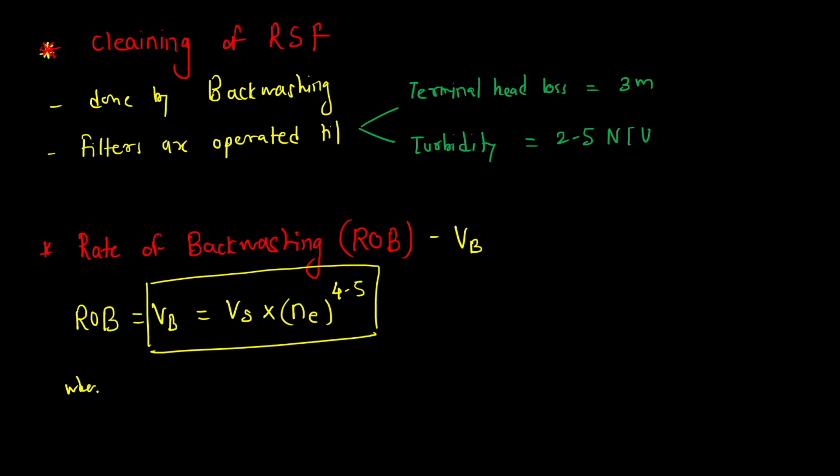Where this Vs is settling velocity. By Stokes law you can calculate it, or maybe it is given, then you can use it directly. And this Ne stands for porosity of the expanded bed.